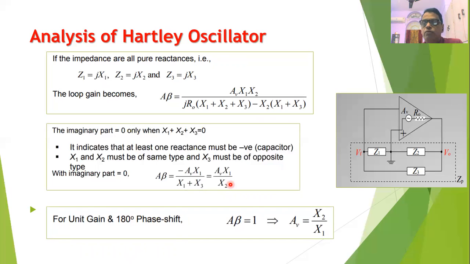Now we know that for any oscillator there is a condition called the Barkhausen condition, and according to it, A beta must be equal to 1. So when I equate this to 1, we can write A_V equal to X2 divided by X1.